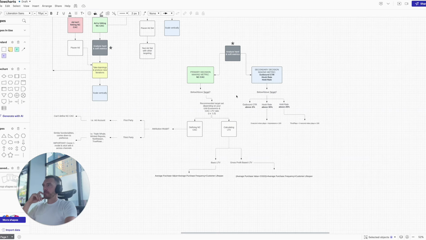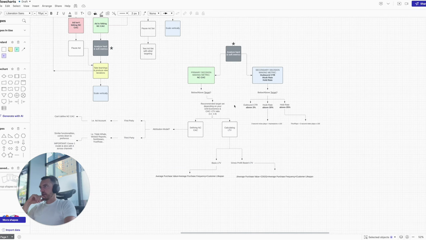So this is the decision-making part. So is the NCCAC below or above target? So recommended target set depending on your unit economics, CAC, unit economics and CAC to LTV ratio. So these are very important numbers that you have to have dialed in on your Google Sheets. You shouldn't take this for granted, but a usual recommendation is around 1 to 3.